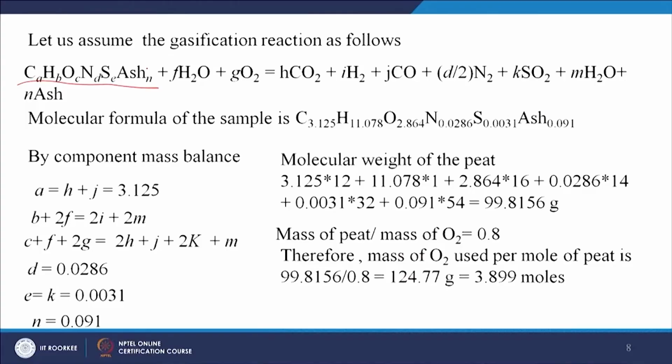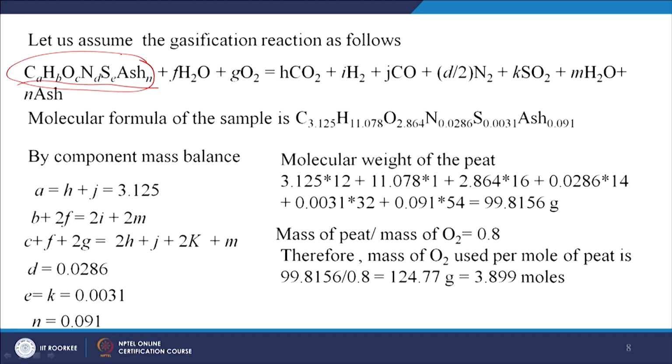Now, we have to see what will be the composition of the syngas. For that we will assume the generalized expression which is used to represent the gasification of some carbonaceous feedstock. Here we see C a, H b, O c, N d, S e, S n. This is the general formula of the peat sample.